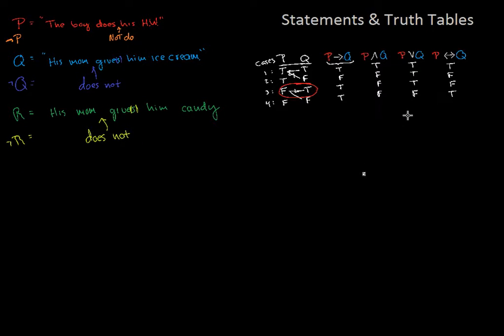All right, so P or Q and R. Let's draw that a little neater. P or Q and R. All right, so some of these we'll be able to steal from our cheat sheet up here, but we're going to have to work this out.